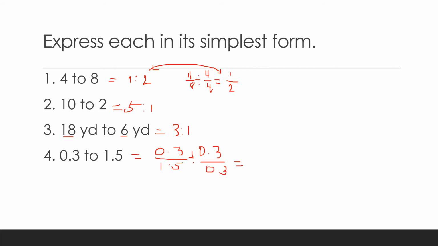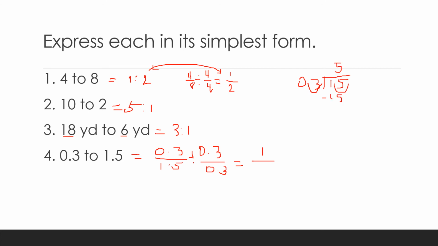So here, 0.3 or 3/10 divided by 3/10 equals 1, and 1.5 divided by 0.3, we move the decimal point so it becomes a whole number. 15 divided by 3 is 5, since 5 times 3 equals 15.